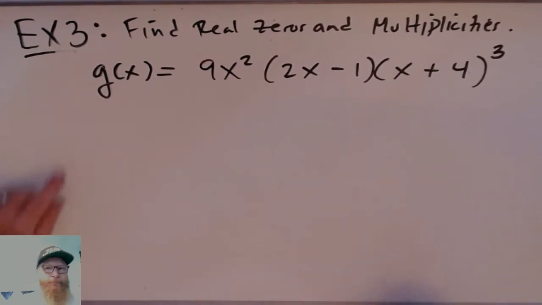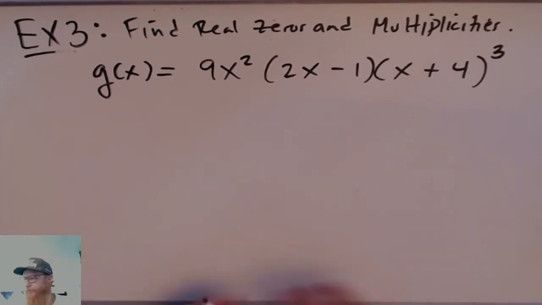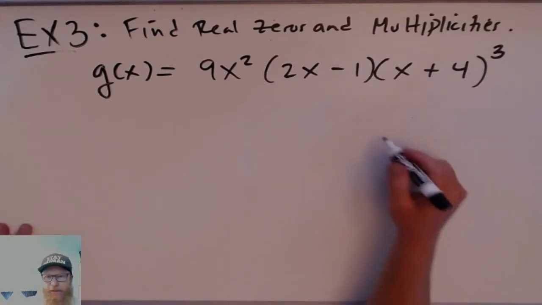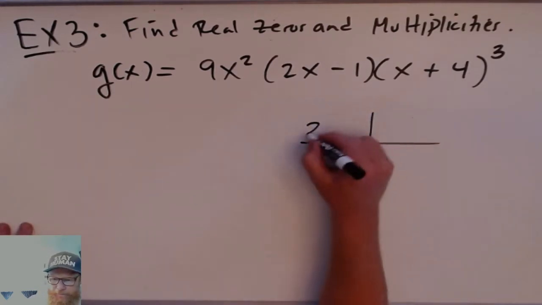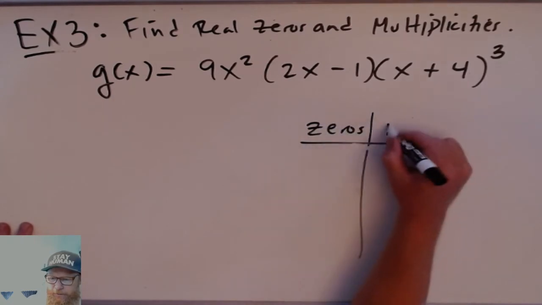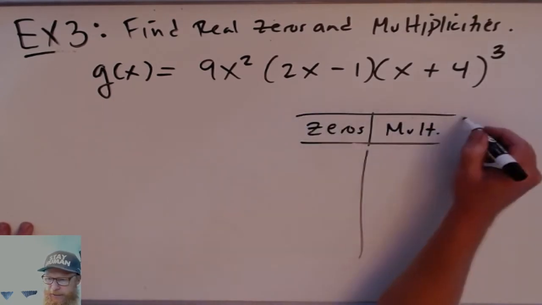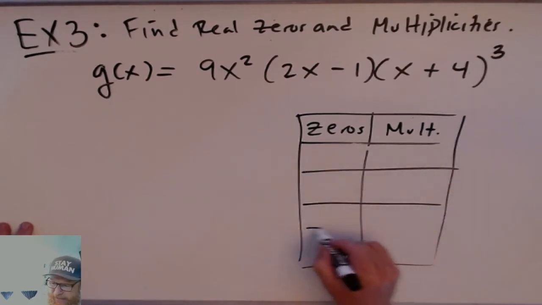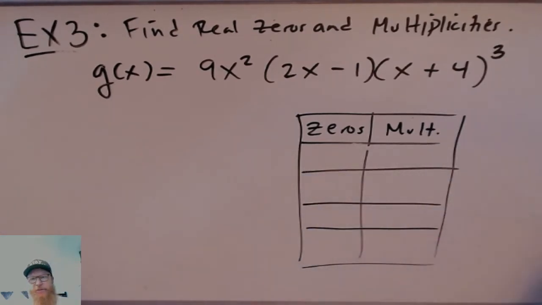Okay, so same idea. We're going to make my little chart here: zeros and multiplicity. I kind of have a standard size chart, even if you don't use the whole thing.